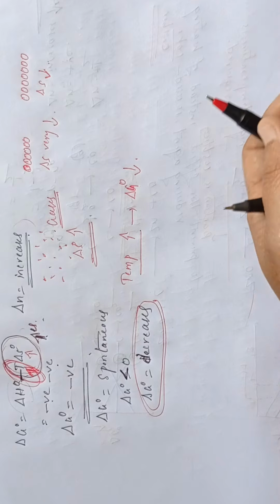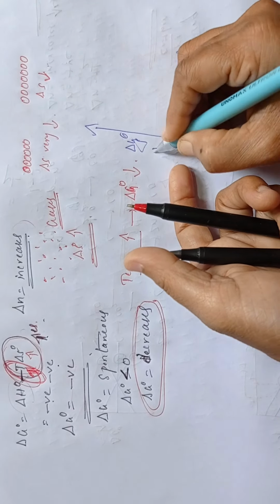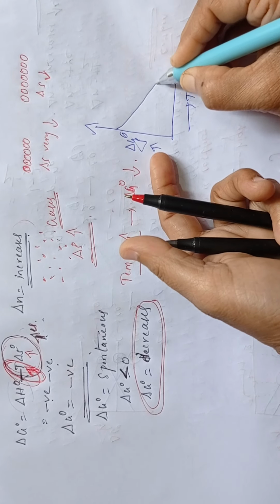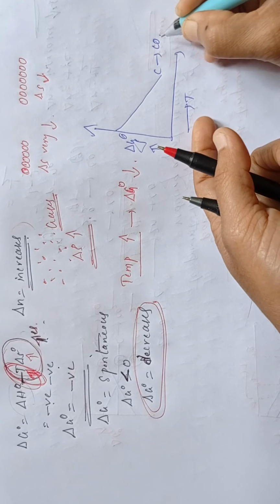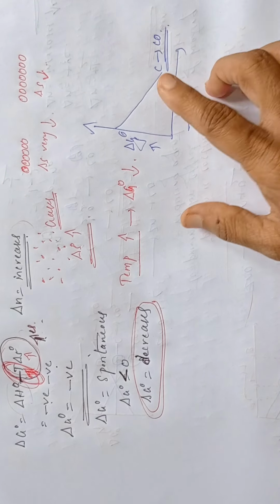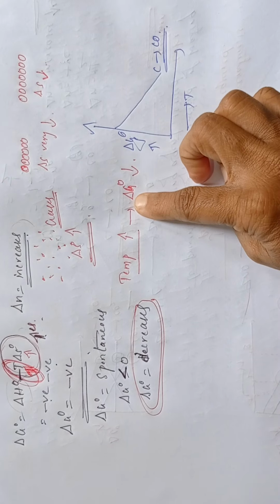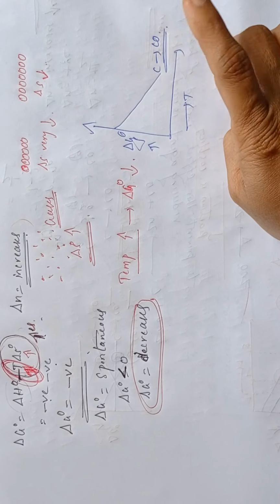So that's why, if you see the graph of delta G F naught versus temperature, you get a decreasing line like this. Understanding? So this is the line C gives rise to CO, correct? Whenever temperature increases, delta G F naught value decreases. So that's the graph you will get.